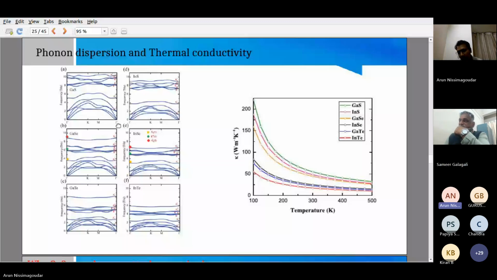Those have some approximation, but now we get those frequencies by DFT methodology, which gives a full wave picture, meaning a complete phonon band structure or a complete electronic band structure. Using that, we again use another code which mainly contains the Boltzmann transport equation, which uses the DFT as an input.